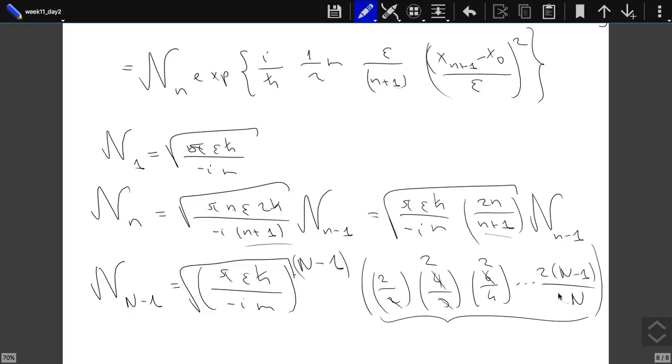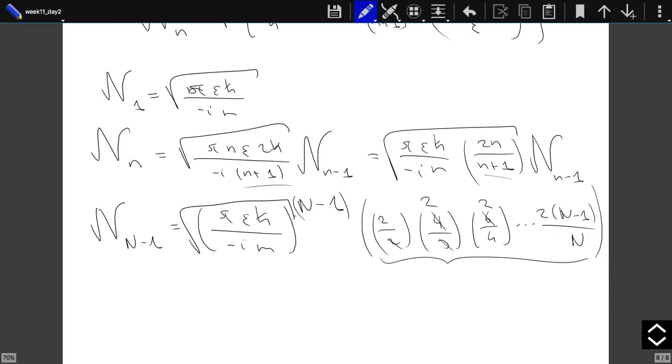No, this is not 2n, this is just n. n minus 1 terms. So this is equal to pi epsilon h bar over minus i m. Well, 2 to the n minus 1, I can just put a 4 over here under the square root. And then there is the last term, 1 over n. This whole thing to the power n minus 1.